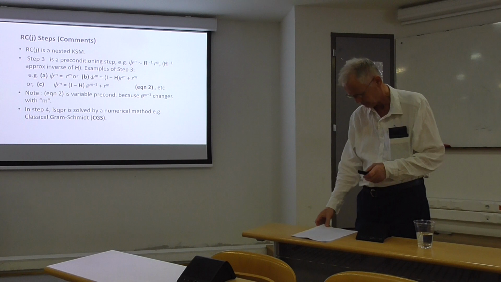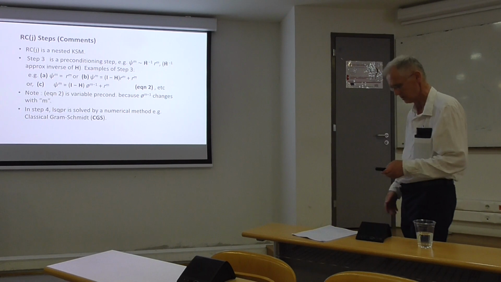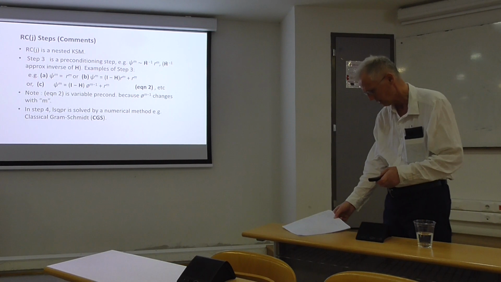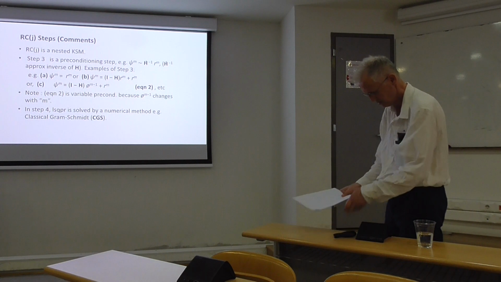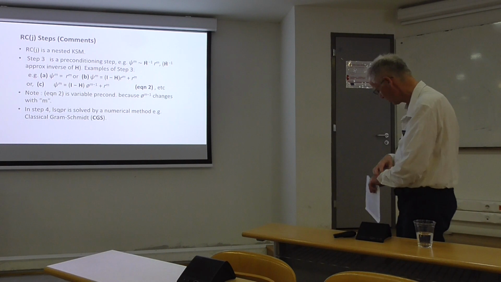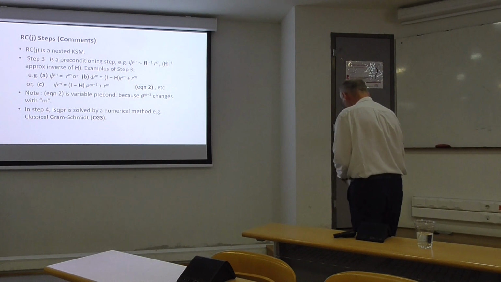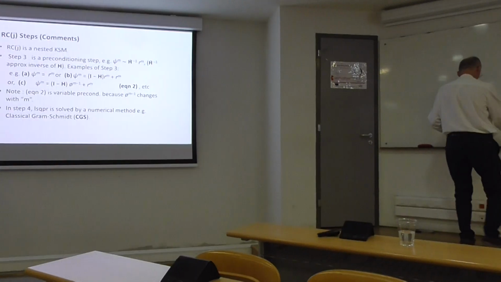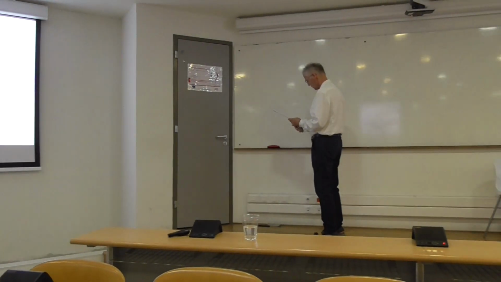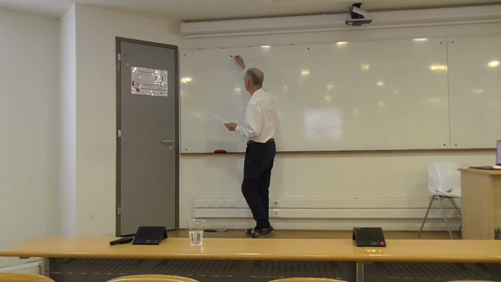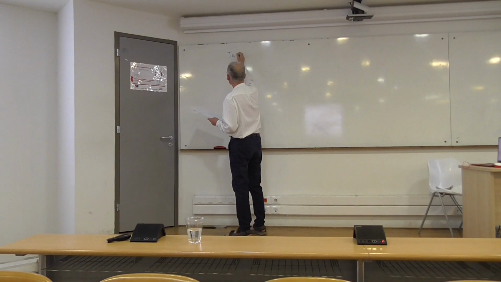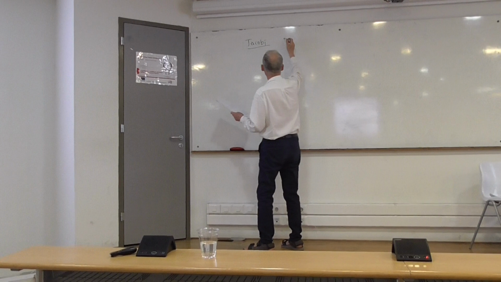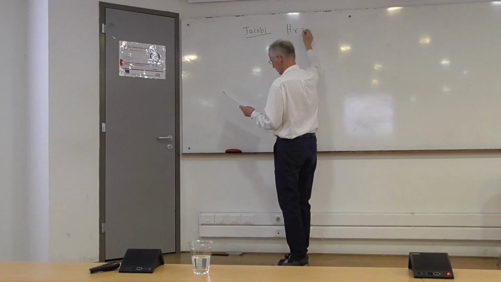Now, as a preconditioning step, we can use, as I mentioned, the incomplete decomposition, or we can use something similar, such as the Jacobi. I will write something here on the board, and I apologize. I should have made a slide on this. Okay. So the Jacobi method for Hx equals b.